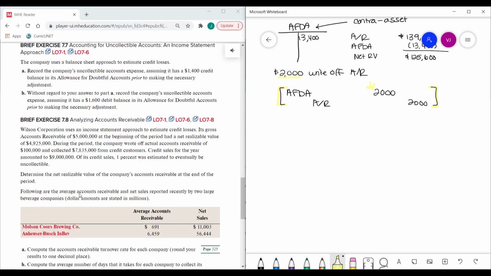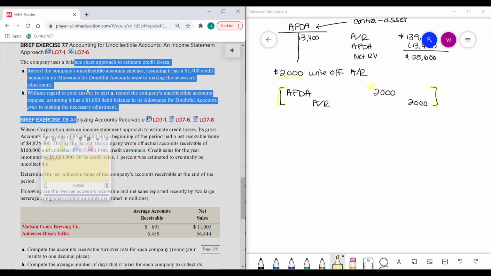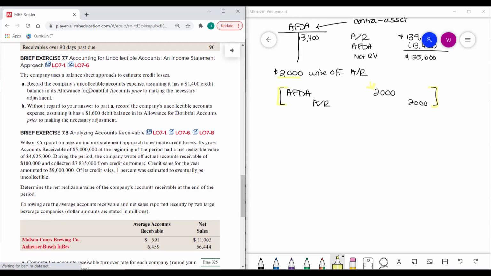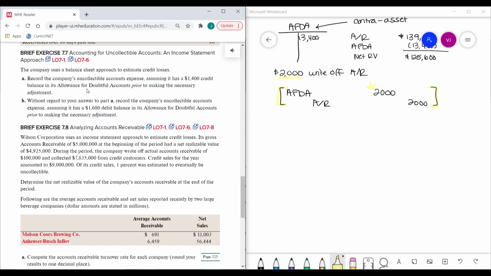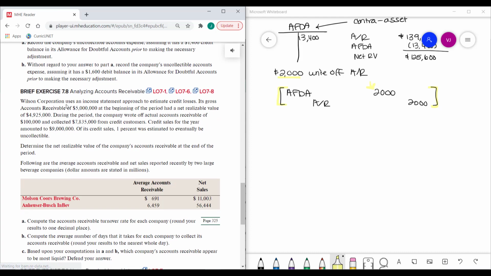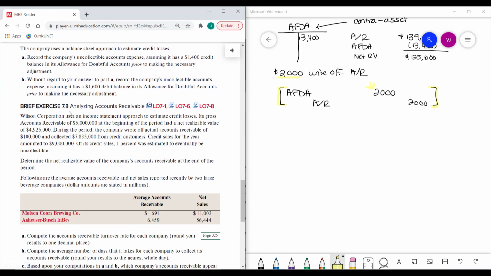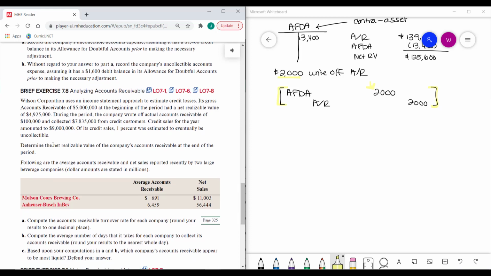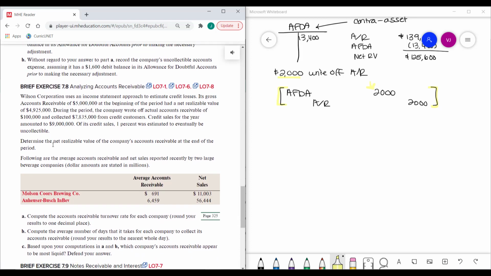So don't rely too much on the brief exercise number. So that was technically 7.6 that we just did, and it's technically 7.7 that we're going to do now. But the problem for 7.7 doesn't actually start until here. So they just labeled it really, they messed up. All right, so we'll just assume this is 7.7.